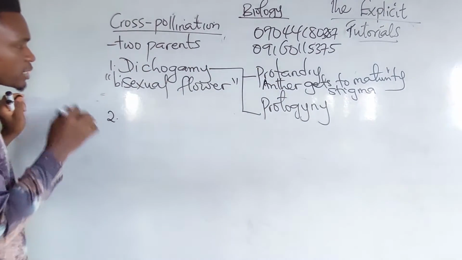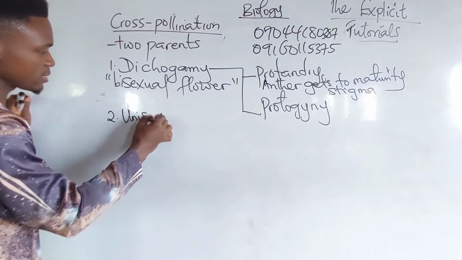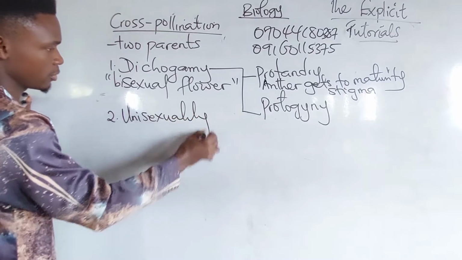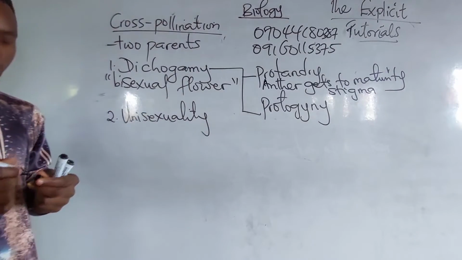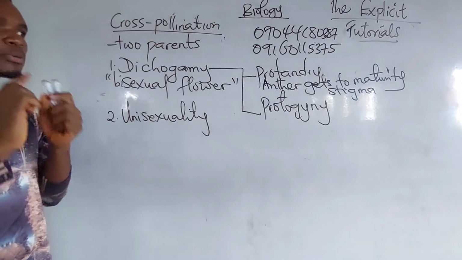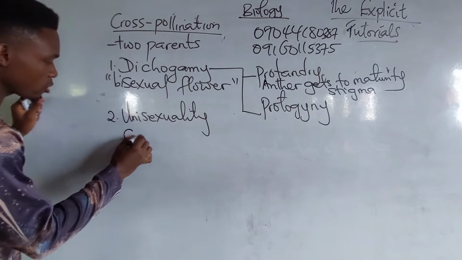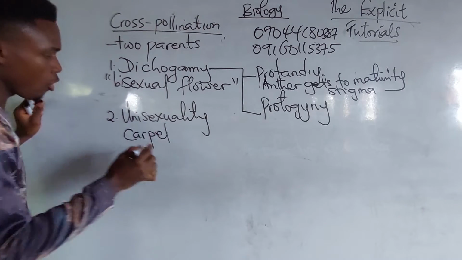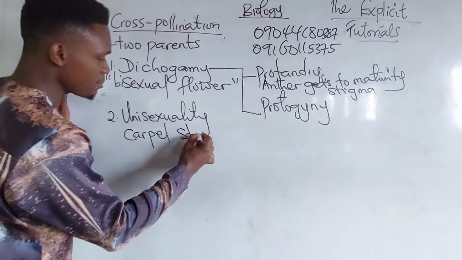The number two condition that enhances pollination is unisexuality. Unisexuality is a phenomenon in which a flower possesses either the female reproductive organ called the carpel or the male reproductive organ called the stamen.